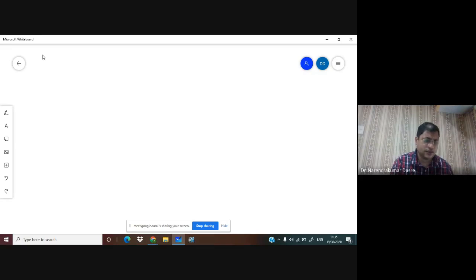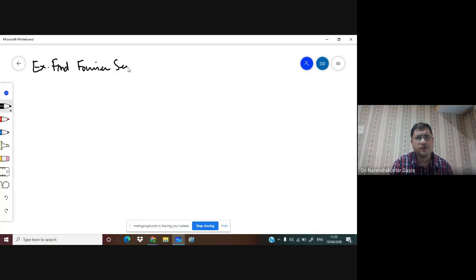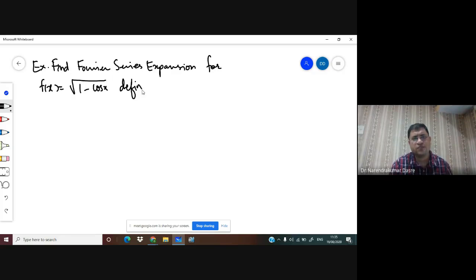So we'll go for another example. Find the Fourier series for the function f of x is equal to root of 1 minus cos x, defined in 0 to 2 pi.